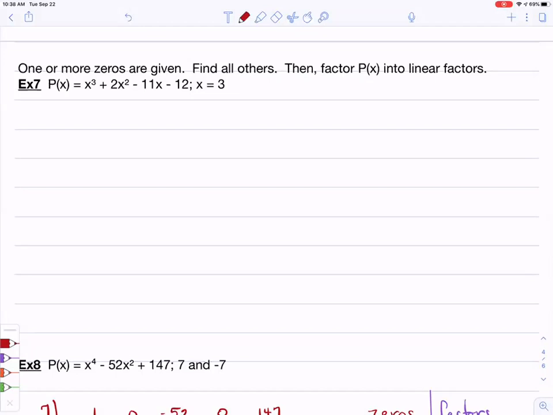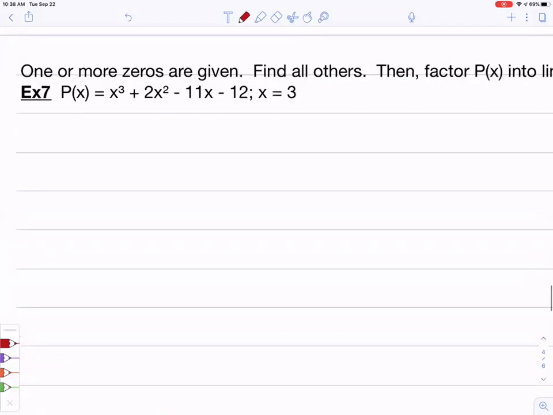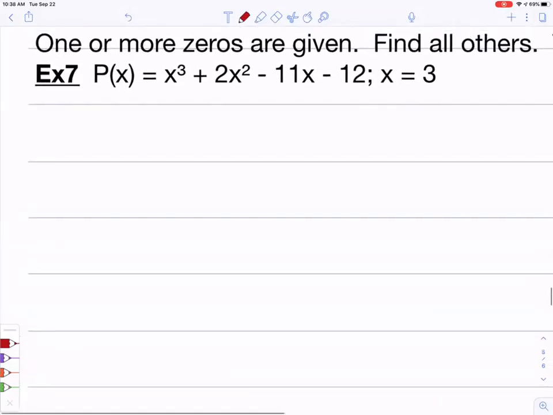Okay, so what's the zero that I've been handed for example number 7? 3 is the zero that I've been handed. I need to go prove it. All right, so whatever x equals goes in the box, so that's going to be a 3 in the box. My coefficients, 1, 2, -11, -12. Did I have any missing terms?